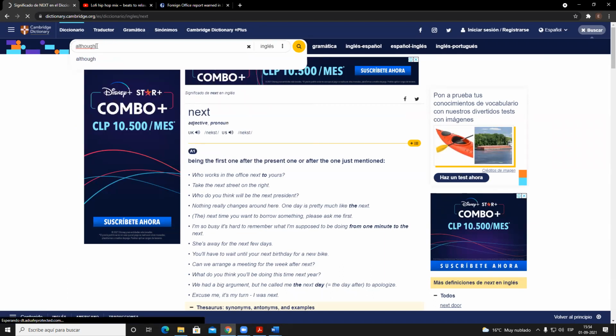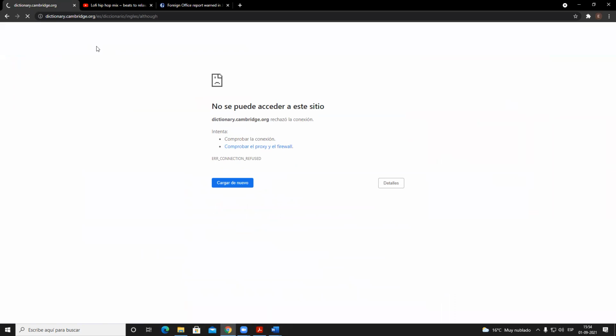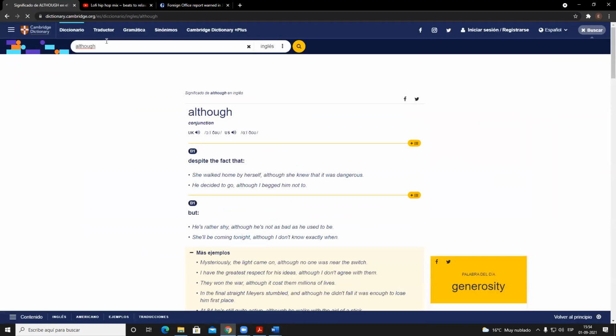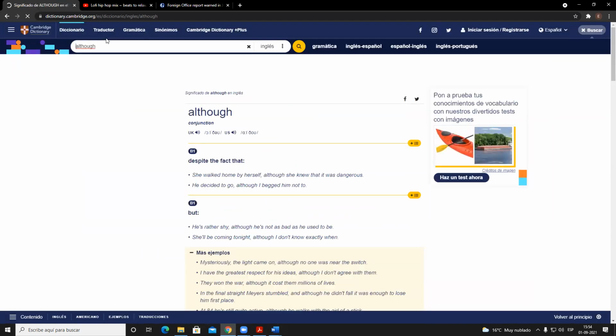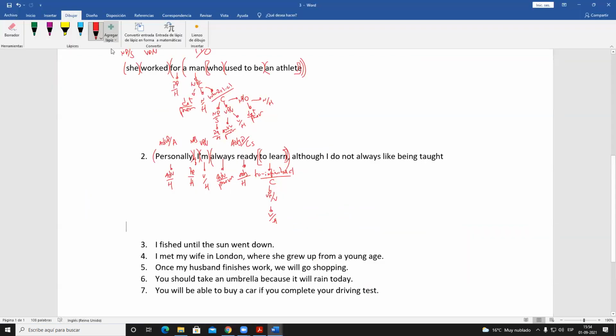I'm almost positive, pero conjunction. Although. Therefore, what we have in here is a relative clause. And I can move it, right? Although I do not always like being taught, personally, I'm always ready to learn, right? So this is a relative clause acting as an adverbial, although is a subordinating conjunction.